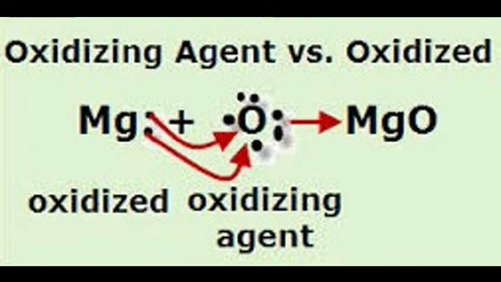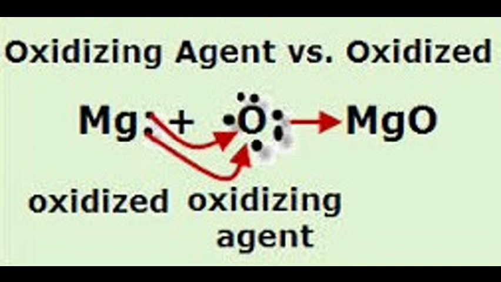The reductant transfers electrons to the oxidant. Thus, the reductant or reducing agent loses electrons and is oxidized, and the oxidant or oxidizing agent gains electrons and is reduced.